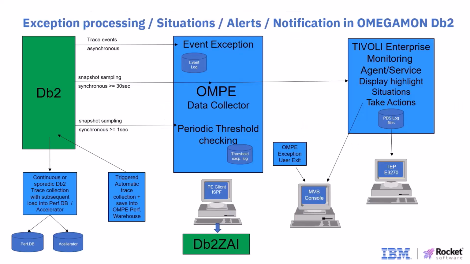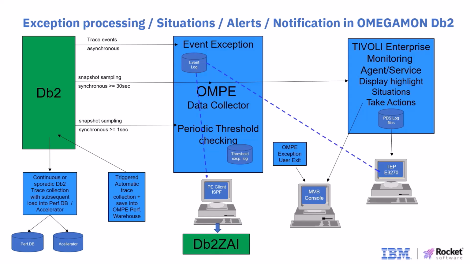This slide shows on the left-hand side Db2 with its IFI interfaces. OMPE allows you to get alerted immediately if exceptional events happen, for example timeout, deadlock, authorization failure, or even a higher number of dataset extents added. Those events happen asynchronously.